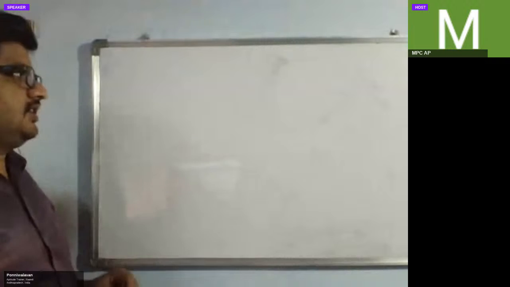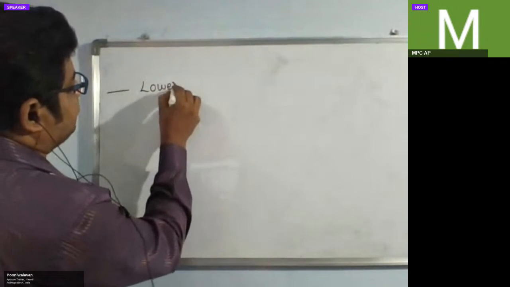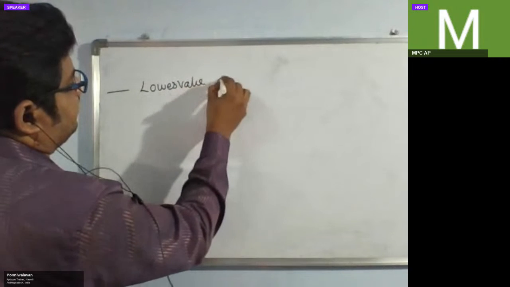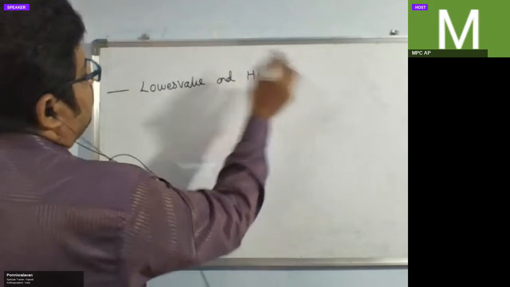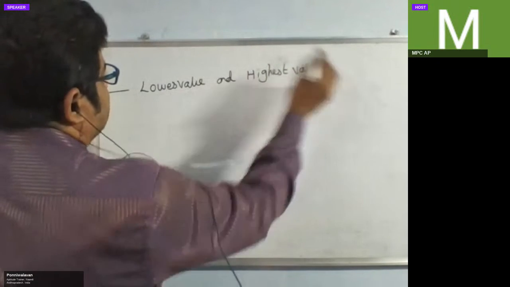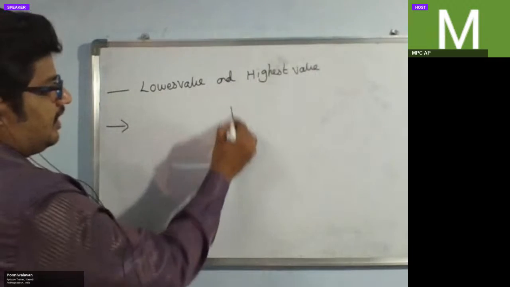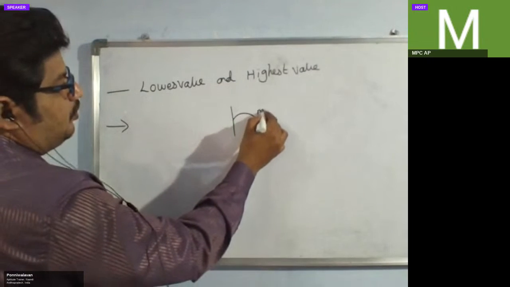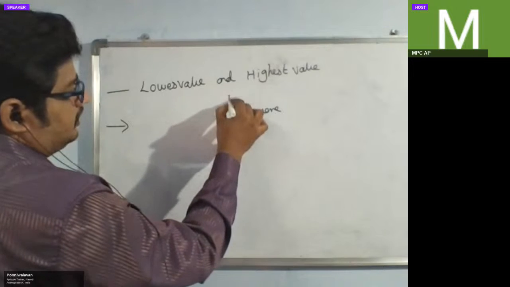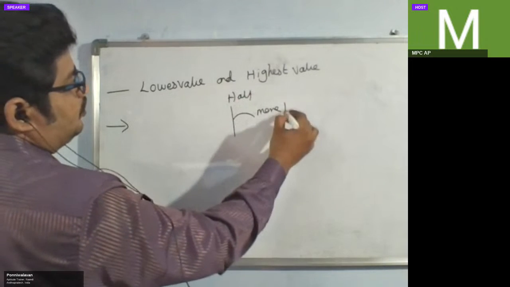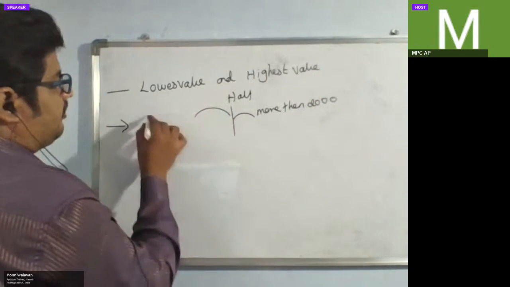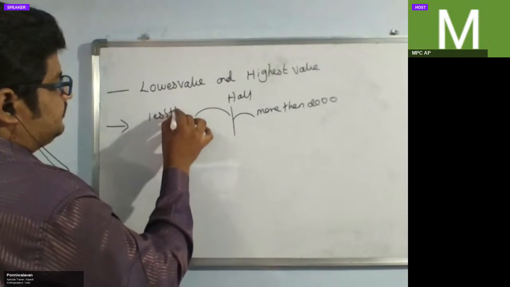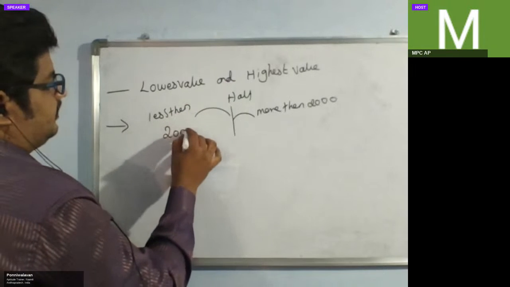First, they are giving the lowest value and highest value. Second, half of them got more than 2000, half less than 2000.